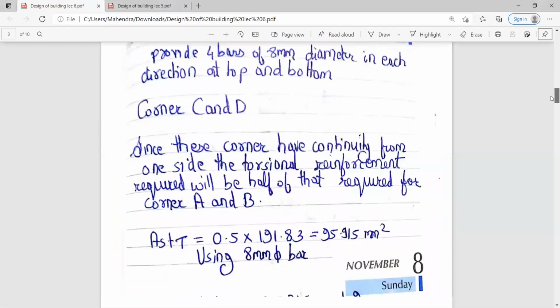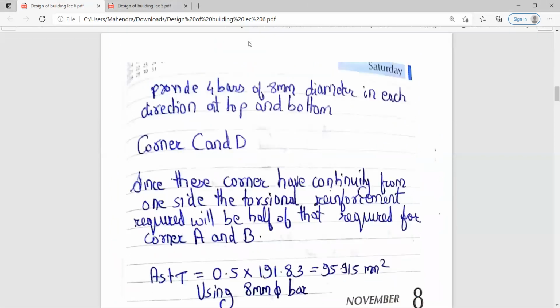So you have to provide 4 bars of 8 mm diameter in each direction at the top and the bottom.